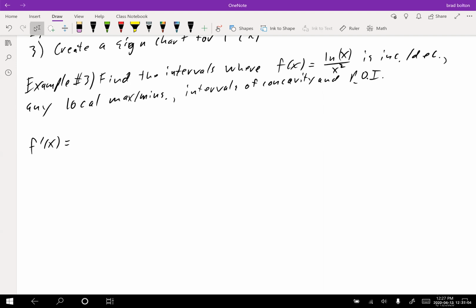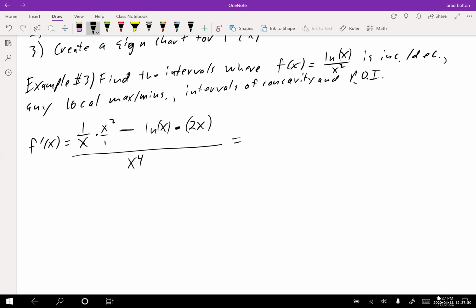So the derivative would be the quotient rule again. The derivative of ln of x would be 1 over x times x squared minus ln of x times the derivative of x squared, which is 2x, all divided by x to the fourth.